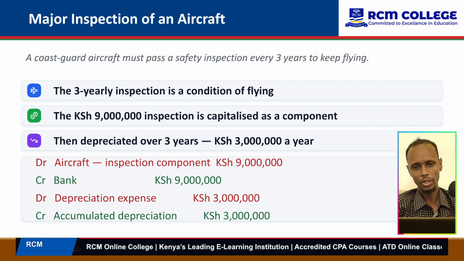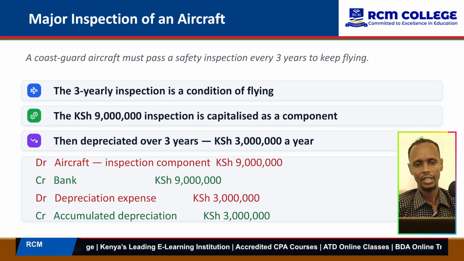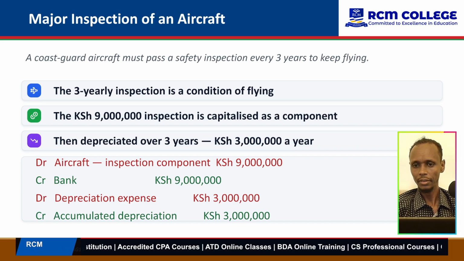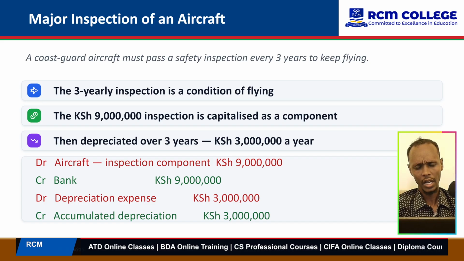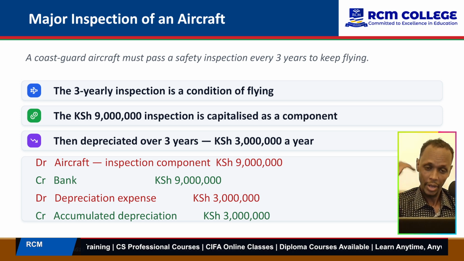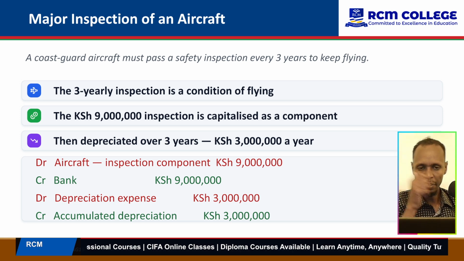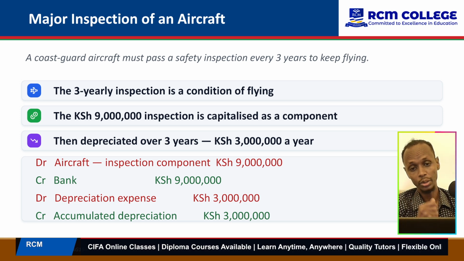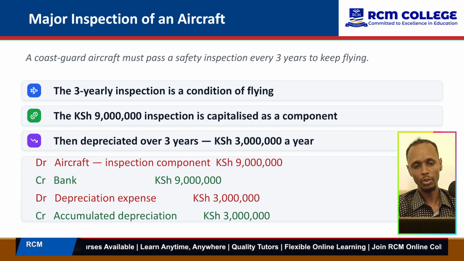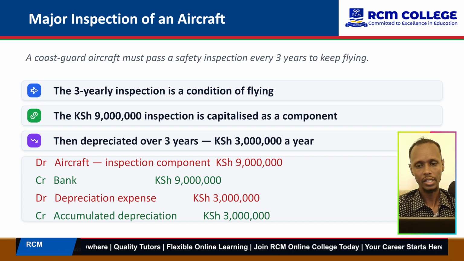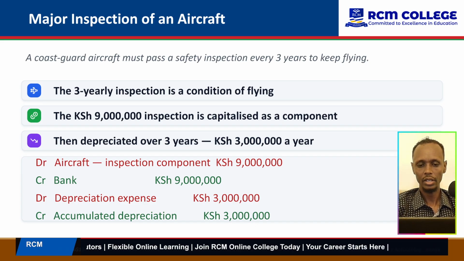The 3-yearly inspection is a condition of flying, so the 9 million inspection is capitalized as a component. Even though you may feel it is a service, IPSAS tells us that something major that adds value to that asset is capitalized. And when removing it from your books, you first derecognize the earlier inspection and recognize the new inspection.